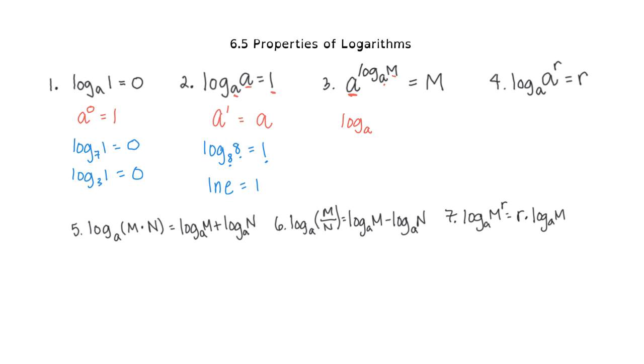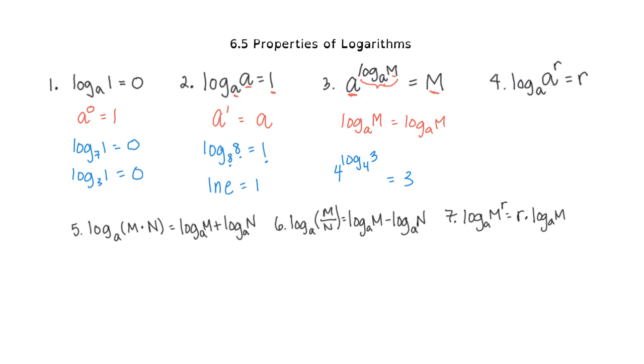We are taking that logarithm of what the exponential is equal to, so that's m, and then that equals the exponent, which is log to the base a of m. To see this property with a number, we could take a base of 4, raise it to a logarithm with a base of 4 of, let's say, 3, then we know that this answer is equal to 3.